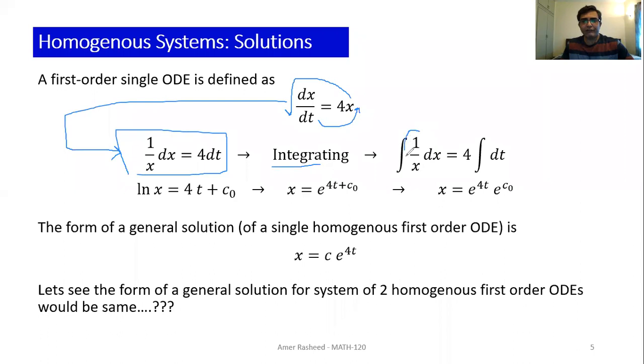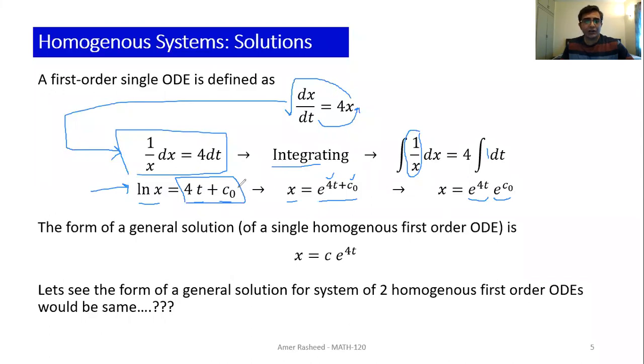Now the integral of 1 over x is log of x, and the integral of 4 is 4t plus some constant. Now by using the property of log, we can write x equal to e raised to the power 4t plus c. Now separating this term and this term, we can write e raised to the power 4t times e raised to the power c naught.